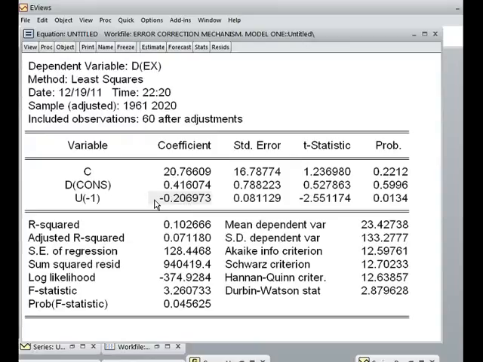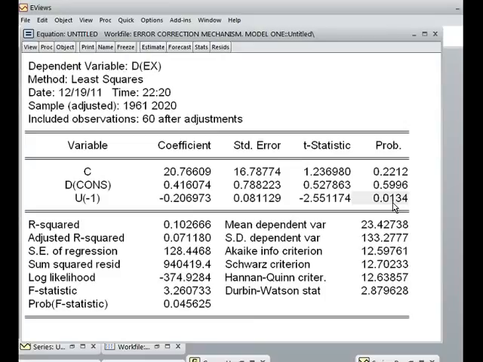But here there are two things that are good. The sign is negative and it is significant because the p-value is 1.34%, which is less than 5%.